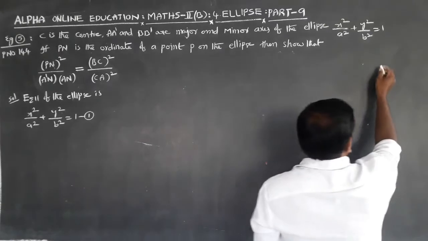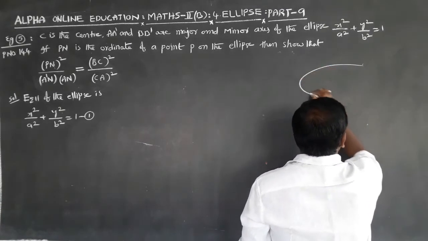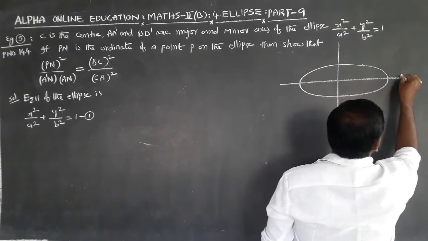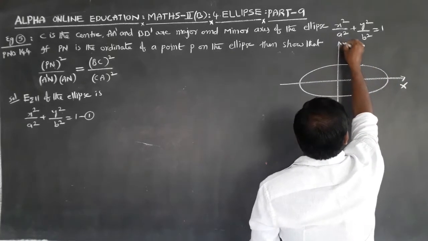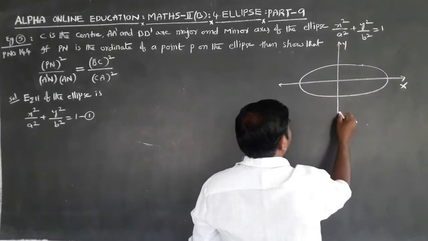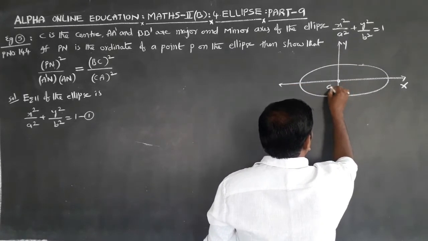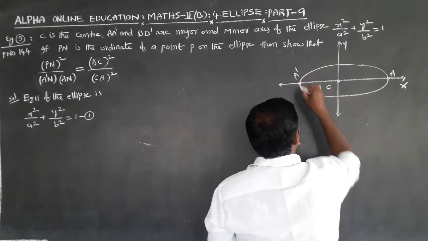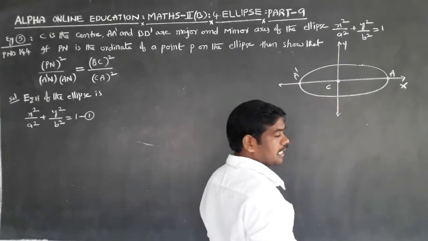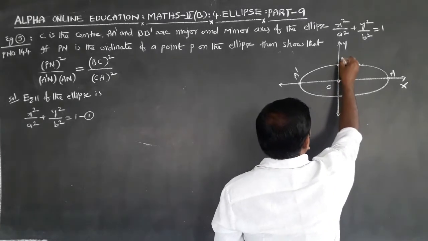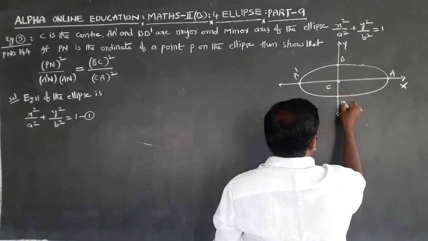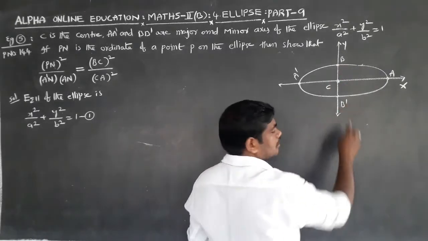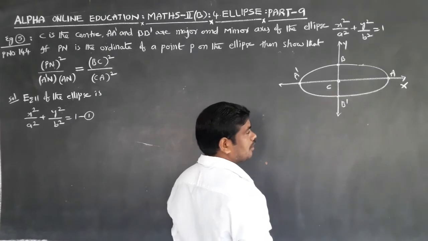First of all, we draw the diagram of the ellipse. This is the x-axis, this is the y-axis, this is the center C, this is the point A, this is the point A'. A'A is the major axis, this is the point B, this is the point B'. B'B is the minor axis of the ellipse.